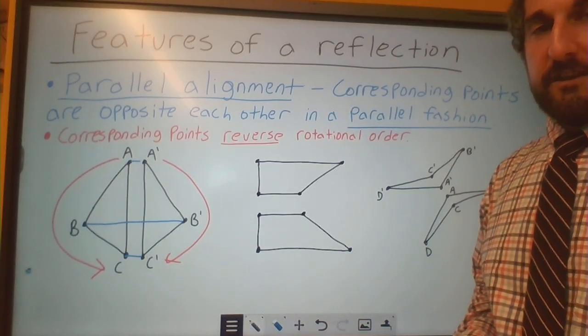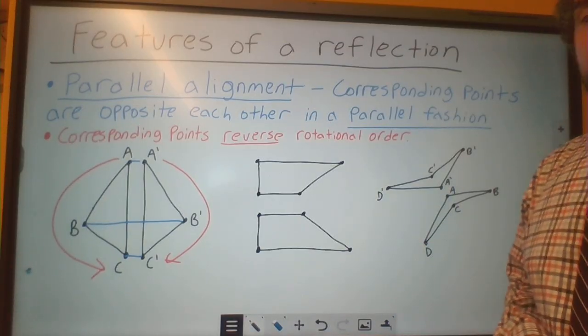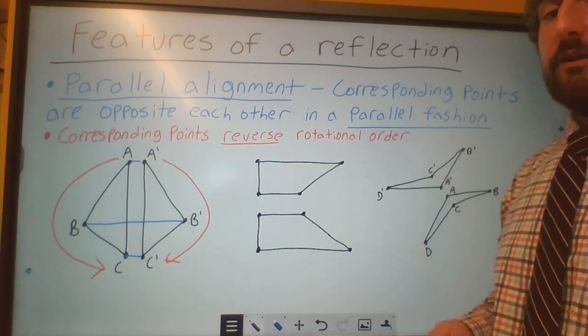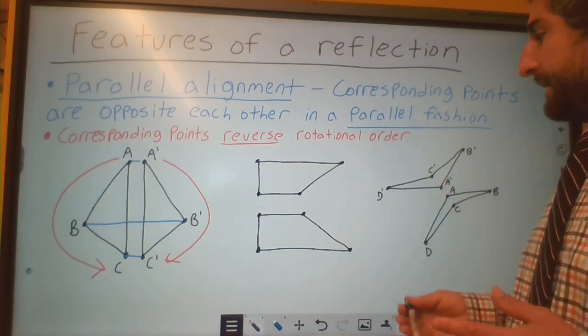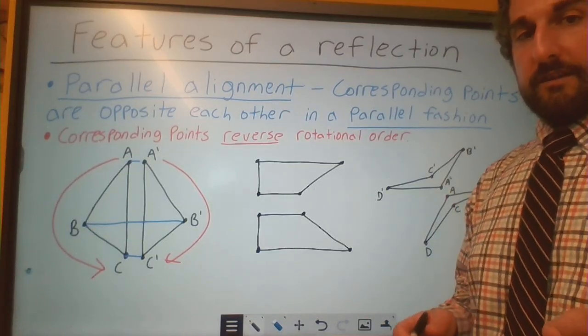Now, I'm not going to go into labeling coordinates much in this video. I already did that in a different video. But just to remind you, what if you don't have labels on your points already? Well, you can put labels on your points. You should be able to train your eye to see where corresponding points exist.